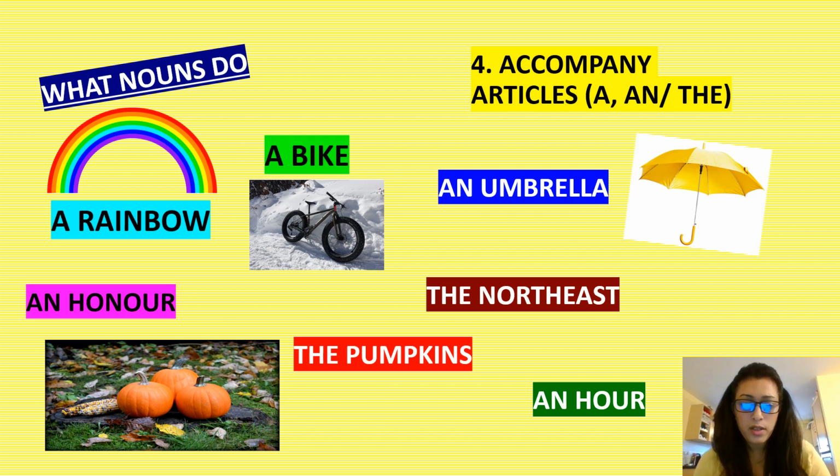If so, the word is a noun. If it describes something you can feel, see, smell, taste, or touch, then it is an adjective. For example, a bike, a rainbow, an umbrella, the northeast, the pumpkins, an hour, an honor. An idea.